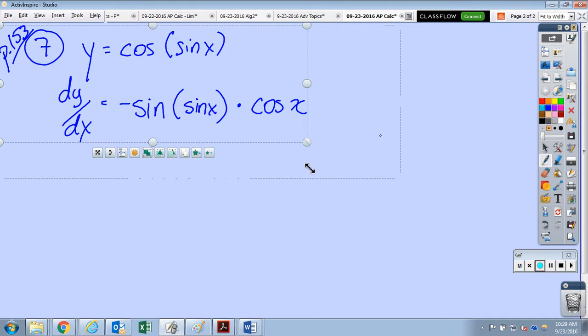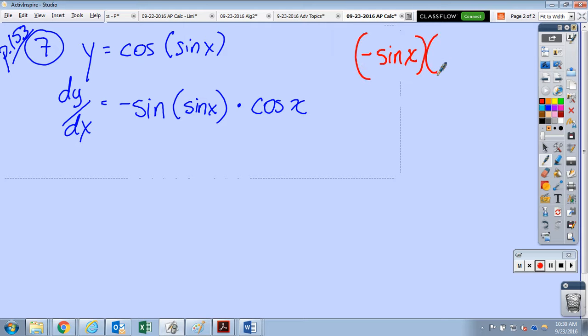Let me show you something. If I had negative sine of x times negative sine of x, this would be simplified as sine squared of x. But here it's sine of sine of x, not sine of x.